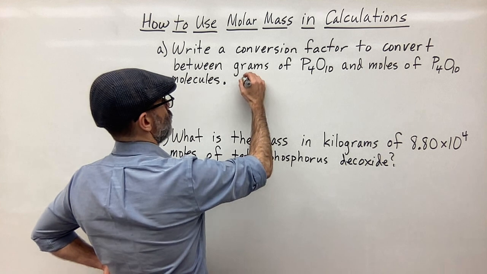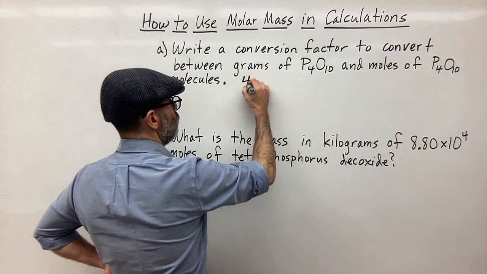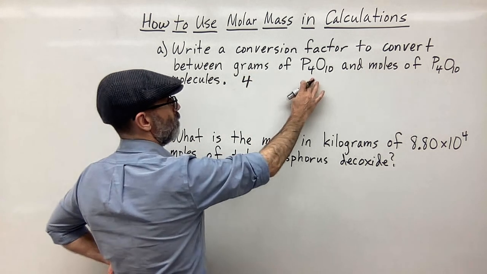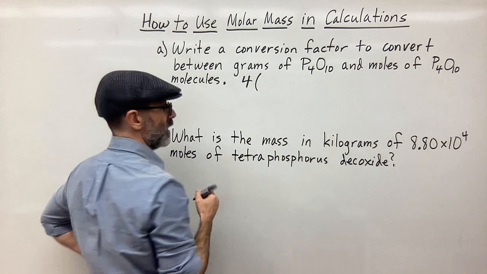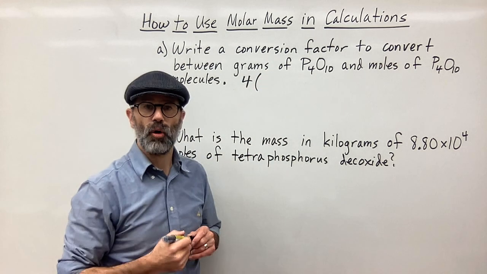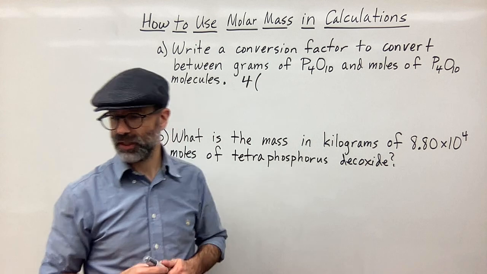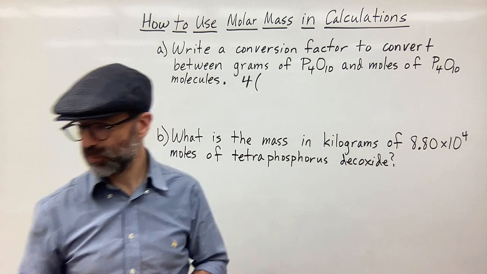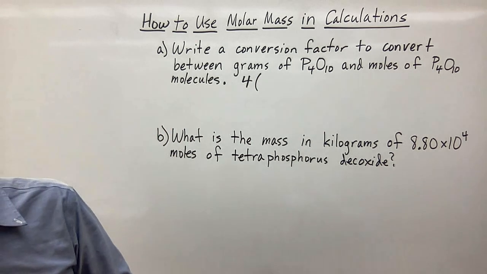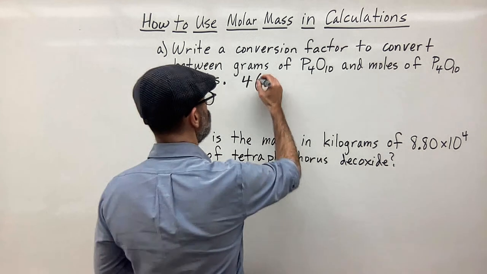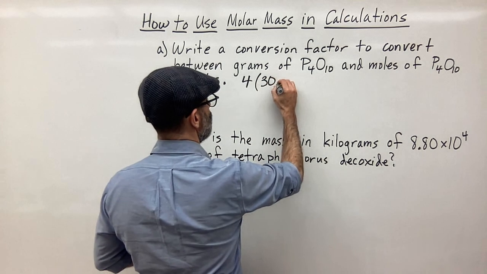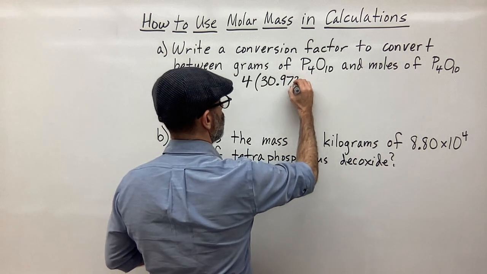So I have 4 phosphorus atoms. I'm going to take that and multiply it by whatever the atomic mass on the periodic table is. And I looked that up and it says 30.97 38.